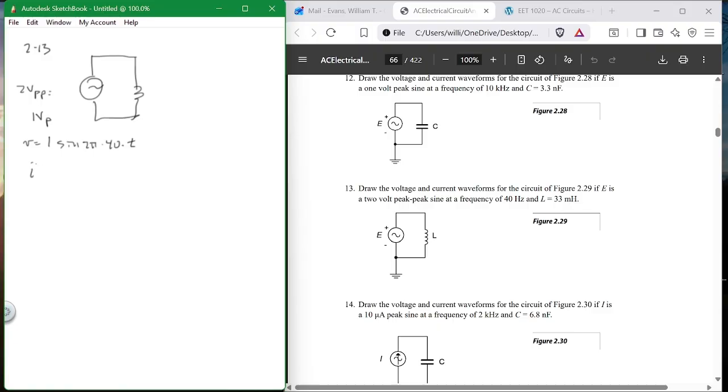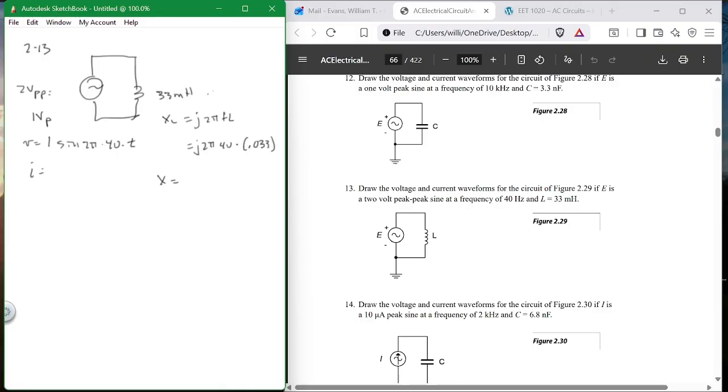Now, what do you do for current? I equals what? Well, you have to find the impedance. And this is 33 millihenries. You have to find the X sub L. What is X sub L for the circuit? J 2 pi f L. So it's equal to J times 2 pi times 40 times 0.033. What is that?